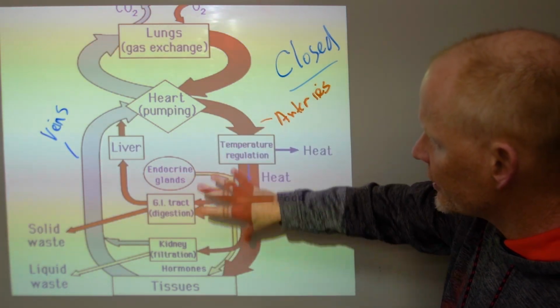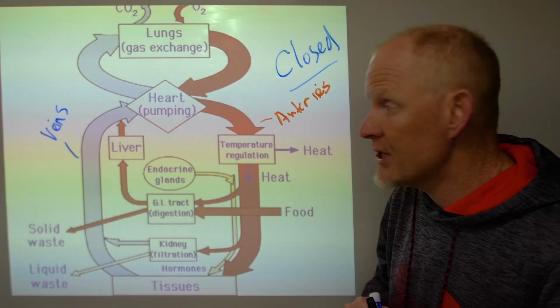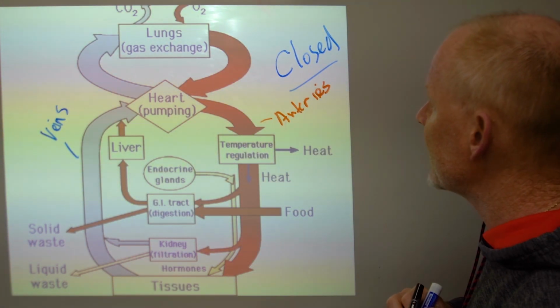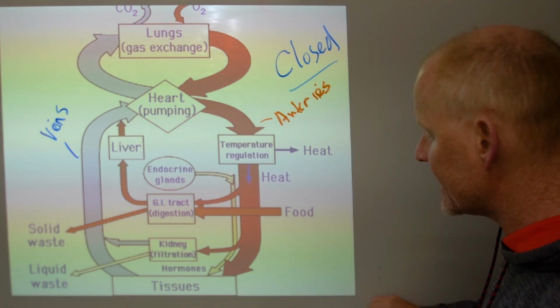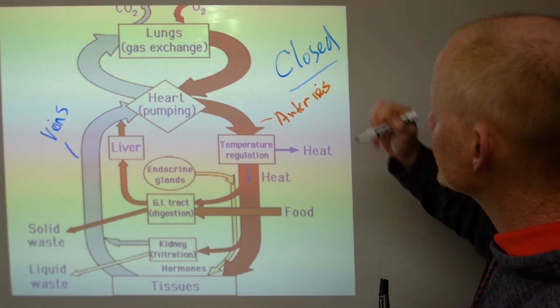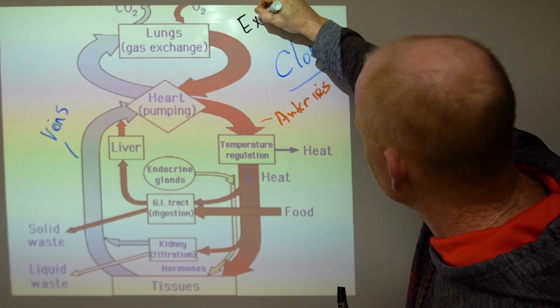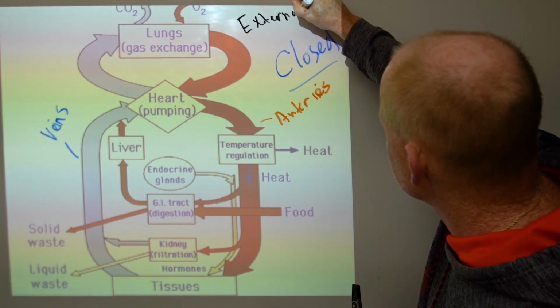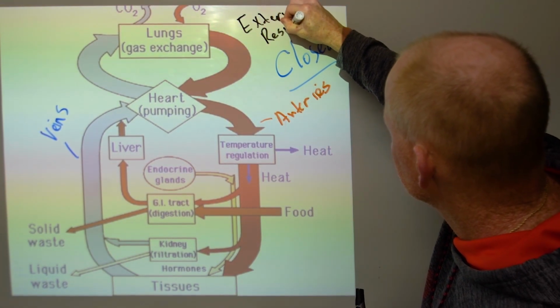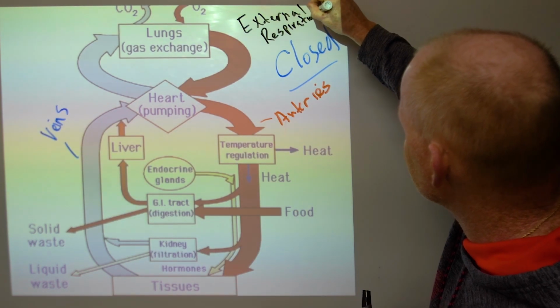And what this figure shows you is where gas exchange happens. Where gas exchange happens between the environment and the blood is called external respiration. Respiration is the exchange of gases.